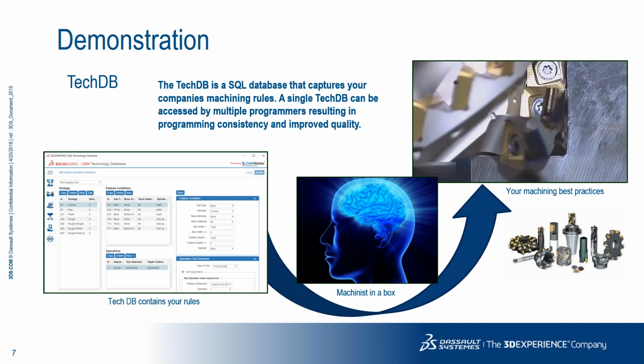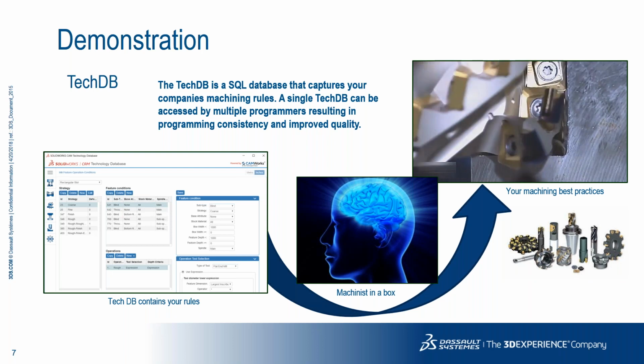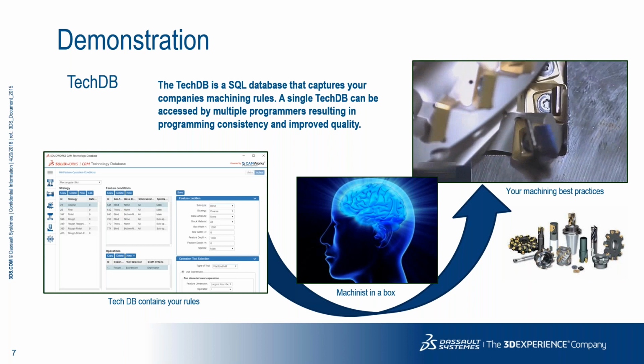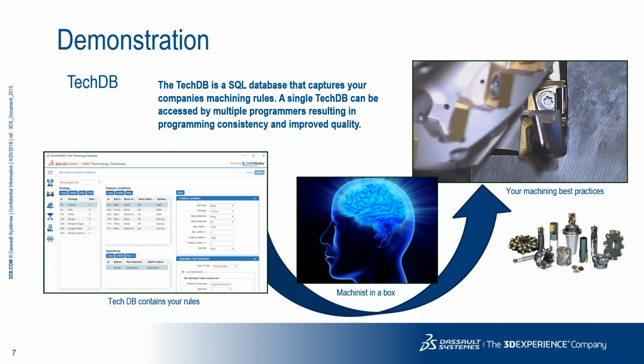Think of the TechDB as really a master machinist in a box. Your best-in-class tribal knowledge is pushed into the technology database, where it learns your machining best practices and then applies those to features across the board for every programmer, again giving us consistency and improved quality.